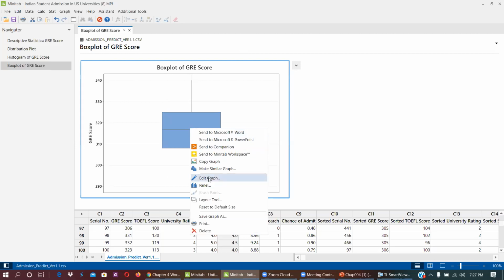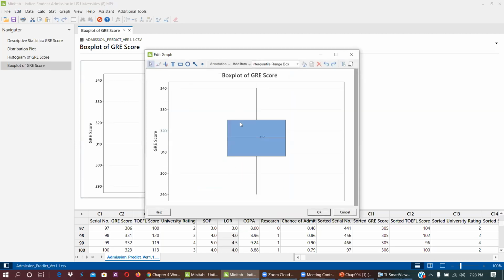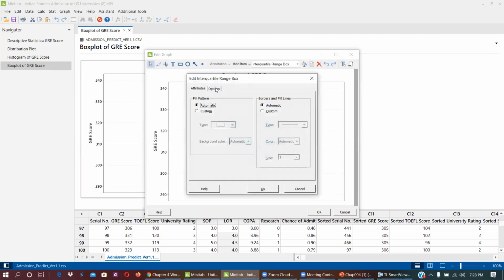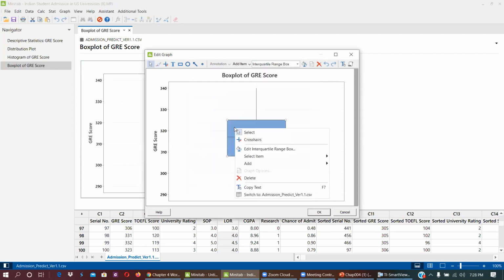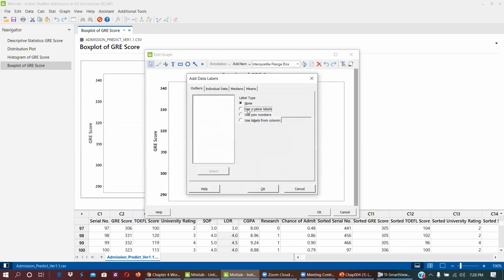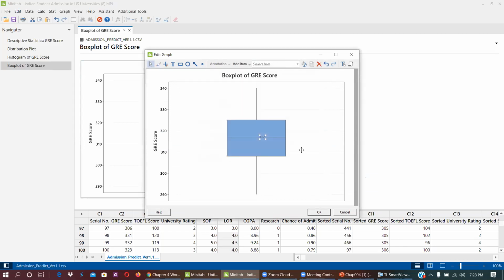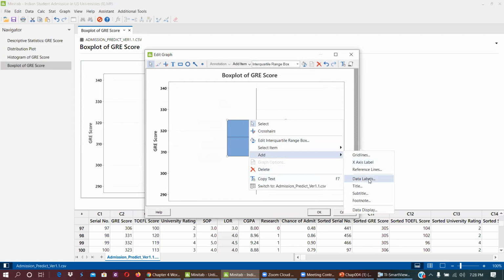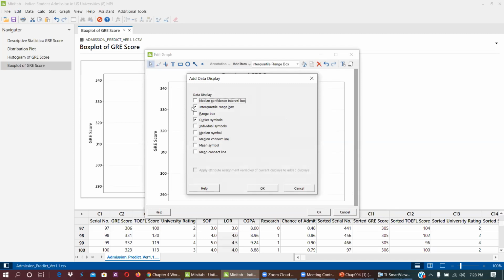And you can edit graphs and add things. So basically options, just a minute. Add data levels. This data display, range box.